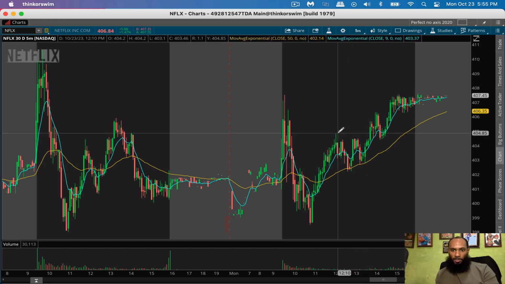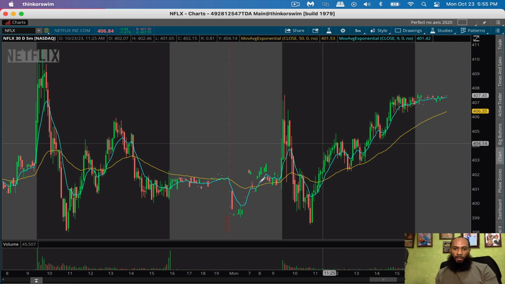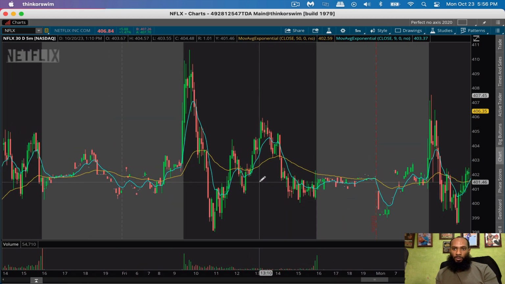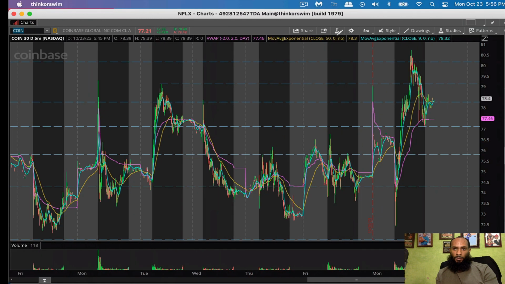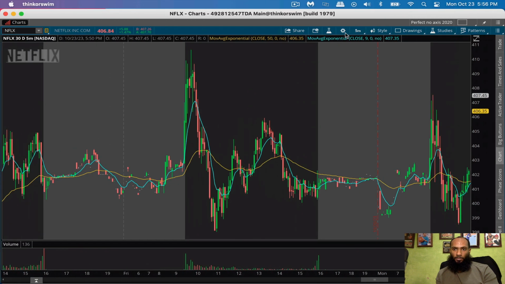So when it broke this high, I saw that it was using the 50 EMA as support, and we pushed up, broke the high. Before we even look at that, we could take a look at the higher time frame, because there's a support on Netflix that is evident, that is something worth showing you guys.